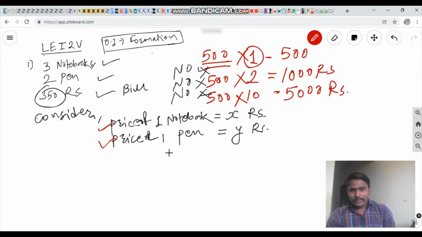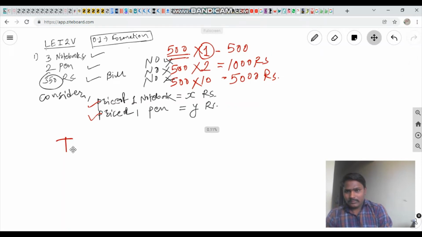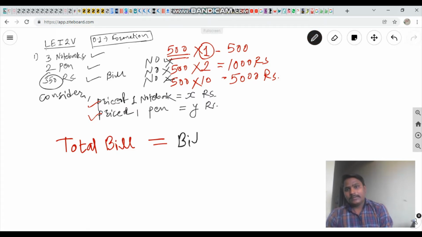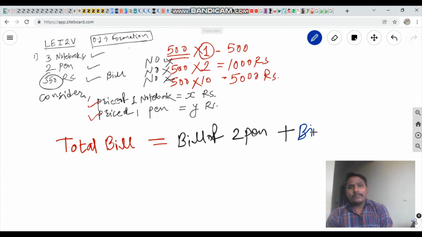So first of all we will see this. In this case, what we can do is, the total bill is divided into two parts. One is the bill of how many pens? The bill of 2 pens, plus, here I am taking it in blue, the bill of 3 notebooks, right?